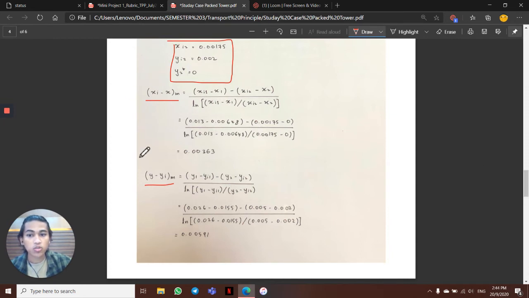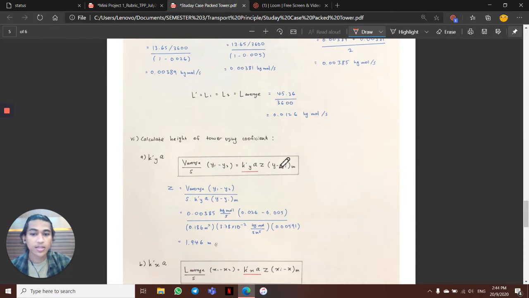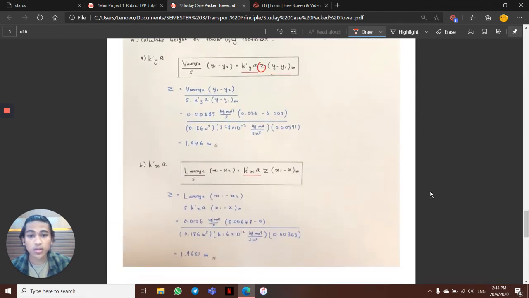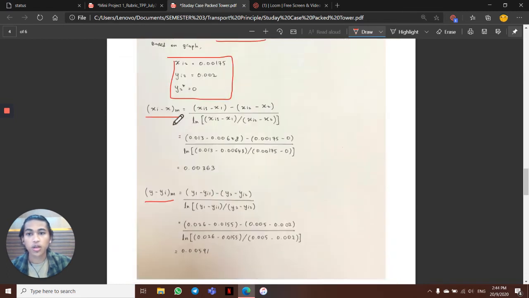These two values are needed in the formula to calculate z. Z is the height of the tower. So we need this value in order to calculate z, the height of the tower.